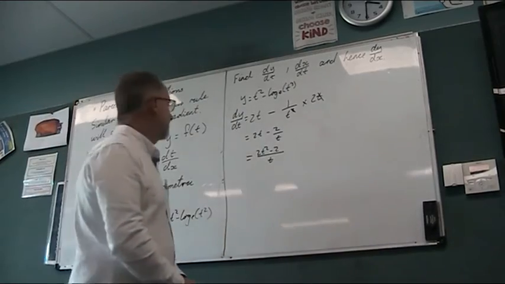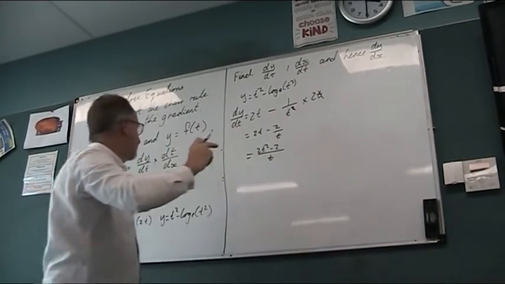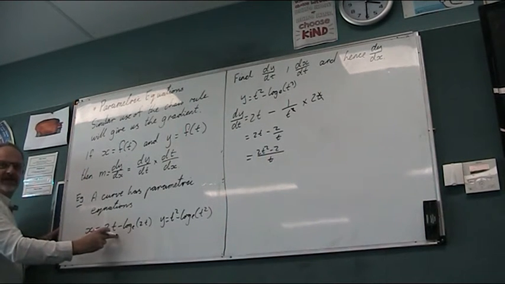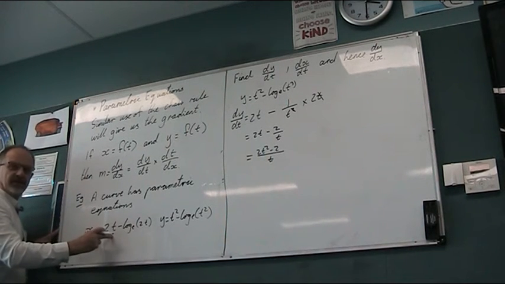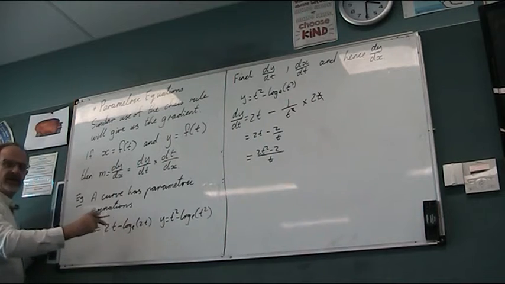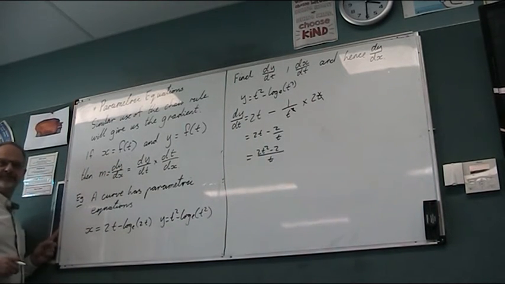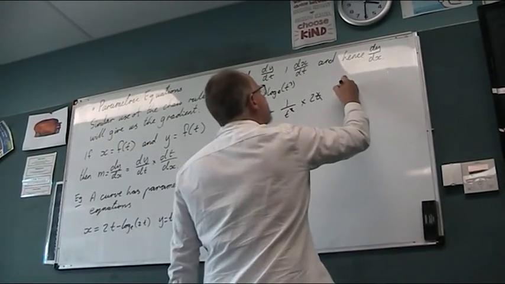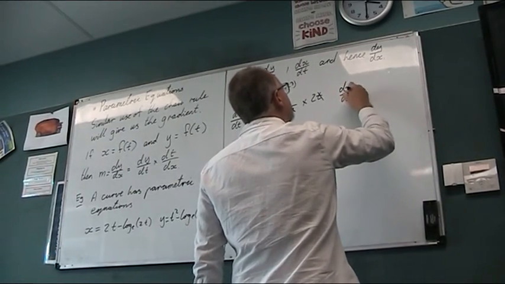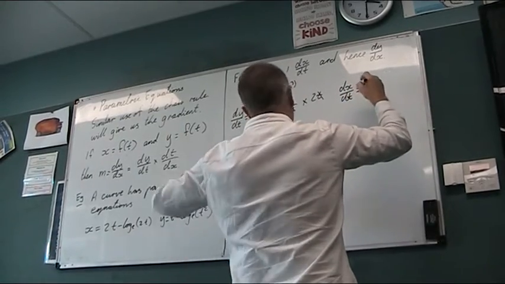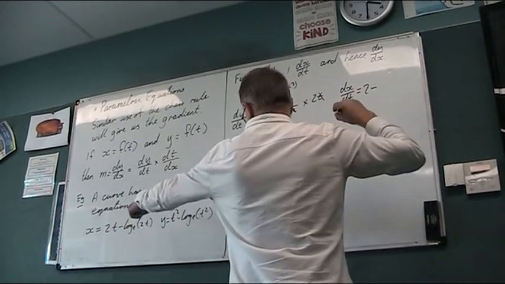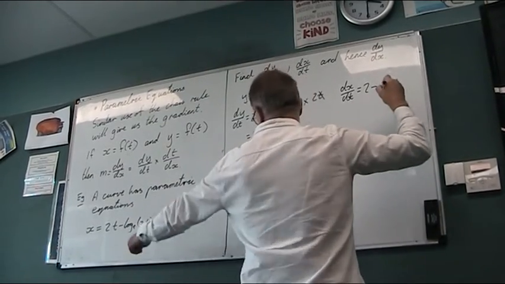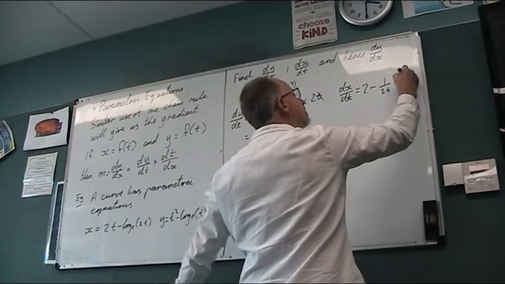So dx/dt, yes, we need dx/dt first, right? We want dt/dx, but here we've got x in terms of t. So we've got to differentiate x with respect to t and then flip it over, yeah? So if x is 2t minus log of 2t, then dx/dt: 2t becomes 2, and the log to the base e is 1 over that 2t, times the derivative of what's inside the bracket, which is 2.